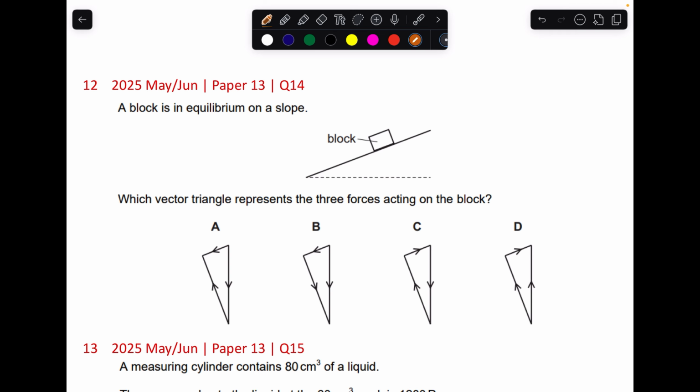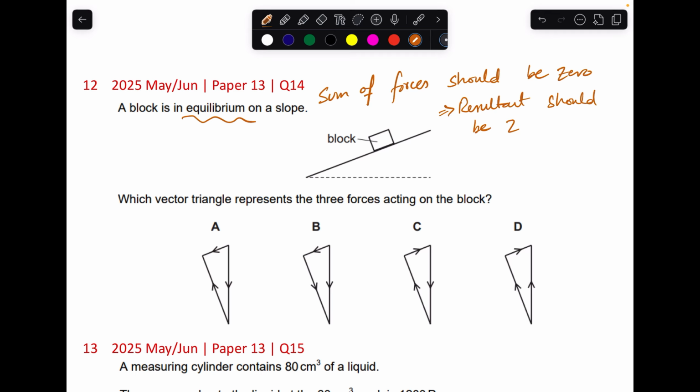Okay, this is in equilibrium. It means the sum of forces should be zero, or you can say the resultant should be zero. So the resultant will be zero when the forces are making a cyclic triangle.